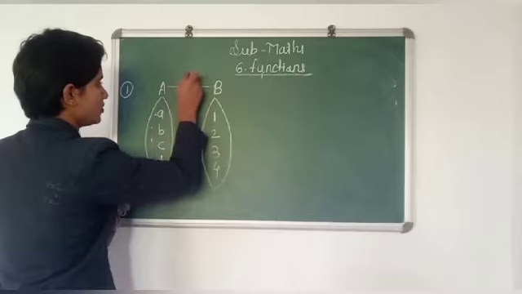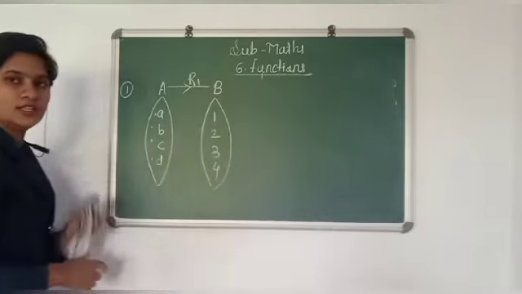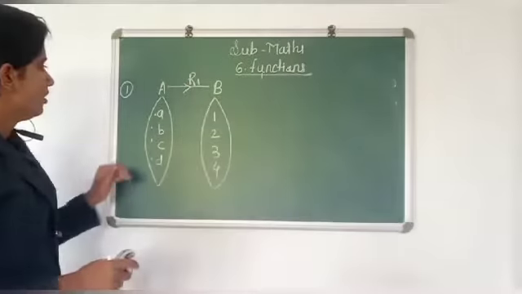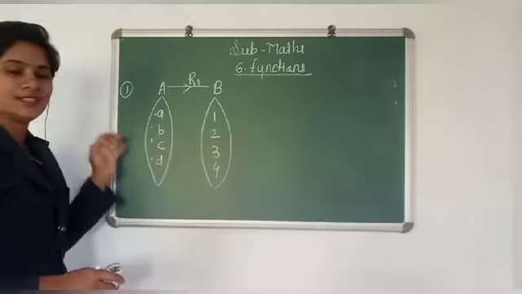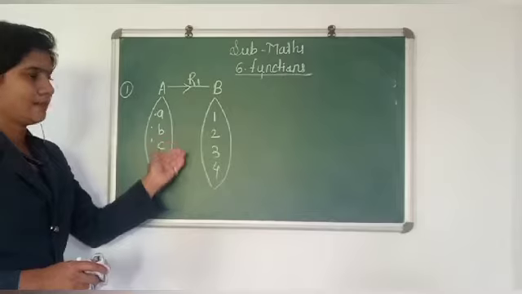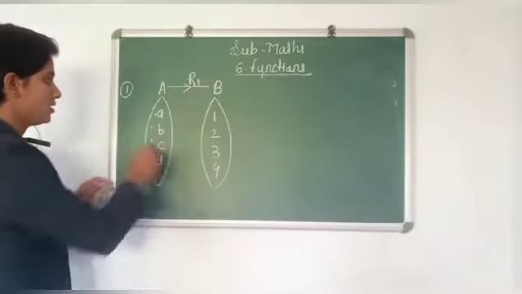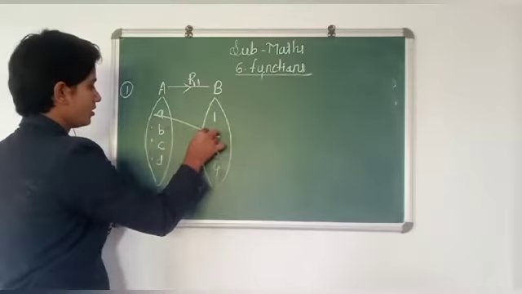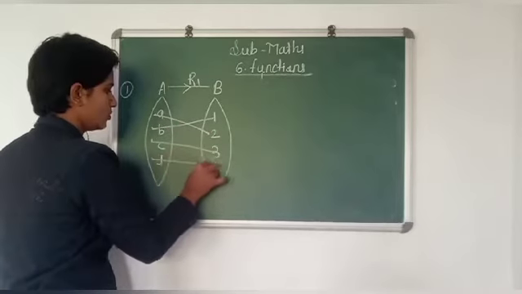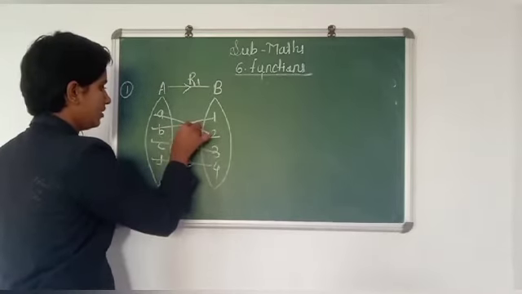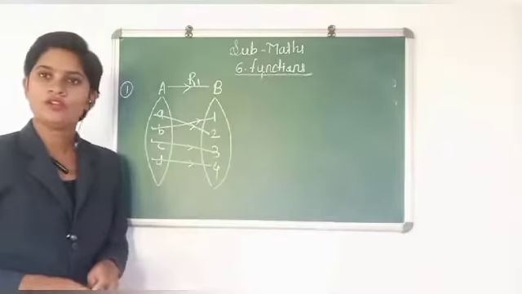Suppose this is the relation R1, and we identify whether R1 is a function or not. Suppose A goes to 2, B goes to 1, C goes to 3 and D goes to 4.